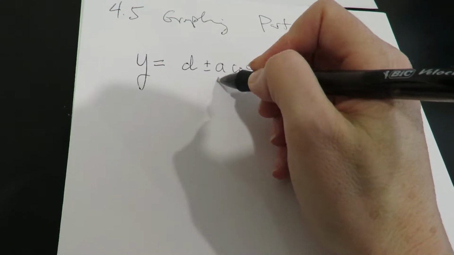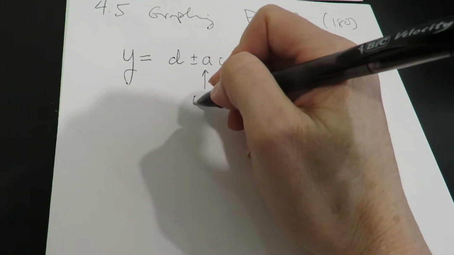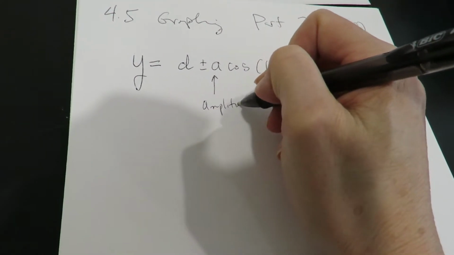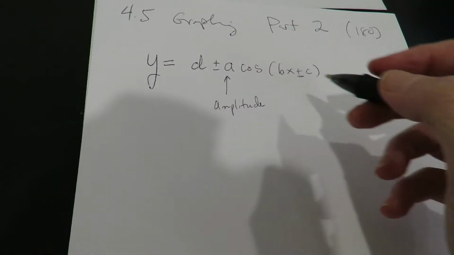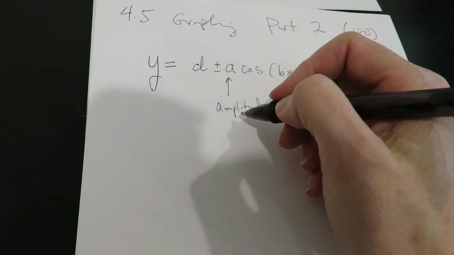So this A is what we call the amplitude. And that will stretch your graph vertically. So this will be a vertical compression or stretch.